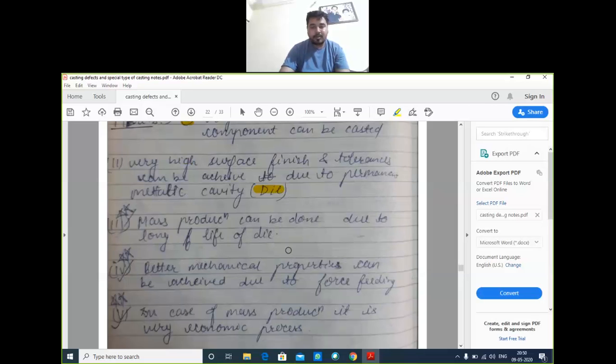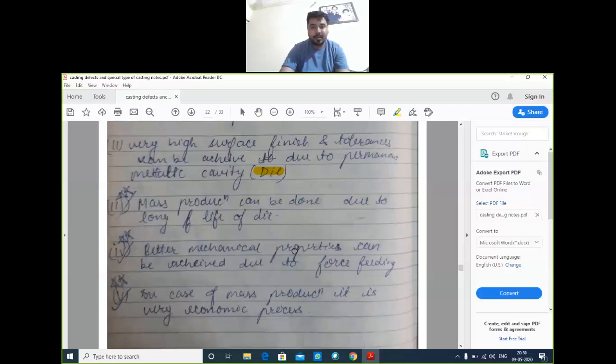The products are small, therefore we get mass production in this process. Better mechanical properties can be achieved due to force feeding. We get higher strength products as compared to other casting processes.